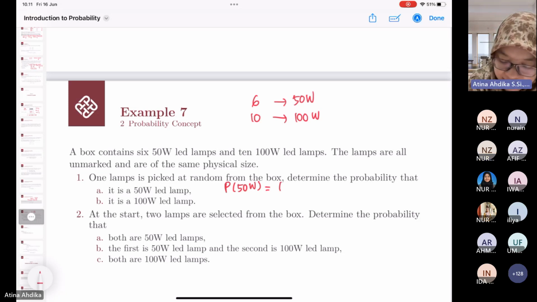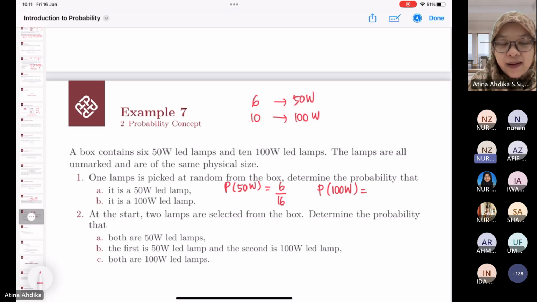Yeah, right. 6/16. Okay. The second question is, what is the probability that it is a 100-watt LED lamp? 10/16. Okay, 10/16, it is the rest. So for the first problem, we have no further process, and then we jump to the next problem.